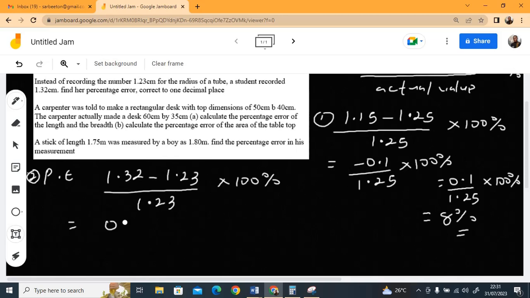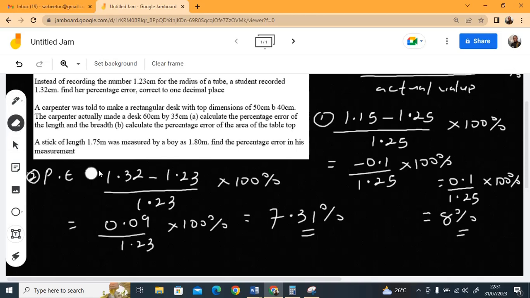That is 0.09 over 1.23 times 100%. Dividing by 1.23 and multiplying by 100, you get 7.31% as our final answer. So this is the percentage error. Let me clean this so I can do the last one, the third one.